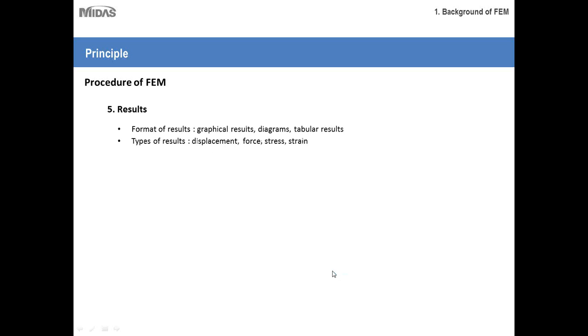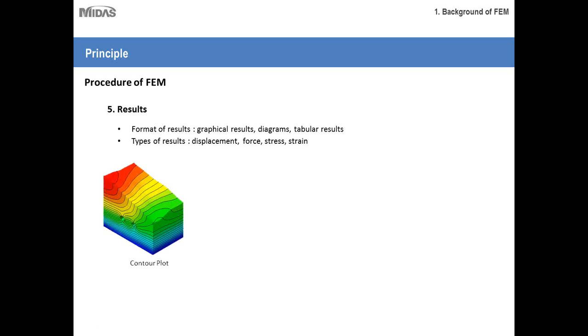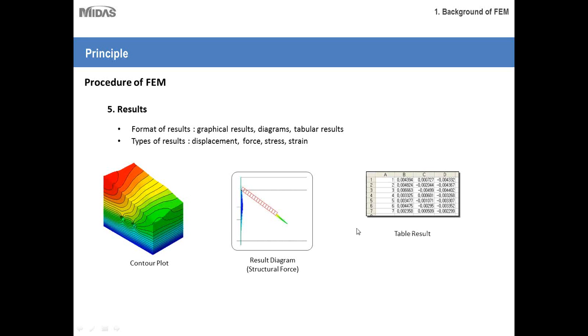So after performing the analysis, here it's time to look at the results. So the results can be obtained in contour plots, as you can see here, can be obtained as structural force diagrams. This is a diagram of an anchor bolt or a soil nail to stabilize this MSE wall, or the results can be obtained in a tabular format.